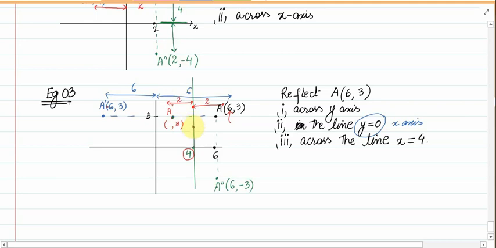At this line the value of x is 4 and you are moving 2 units backward. So 4 minus 2 gives you the value of 2. That is the coordinate if you reflect it across the line x is equal to 4, right?